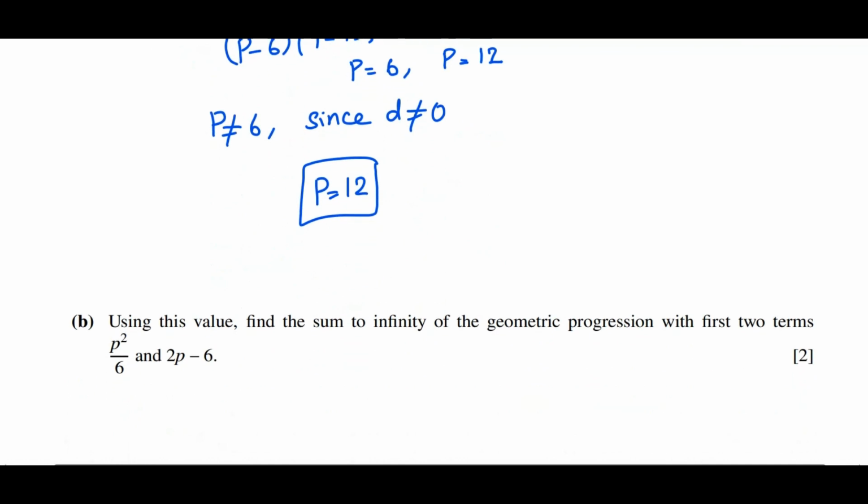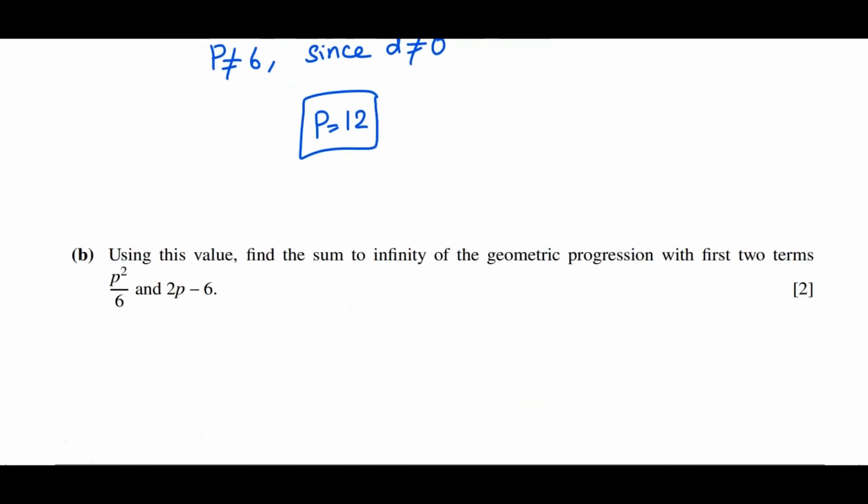Using this value, find the sum to infinity of a geometric progression with first two terms p square over 6 and 2p minus 6.